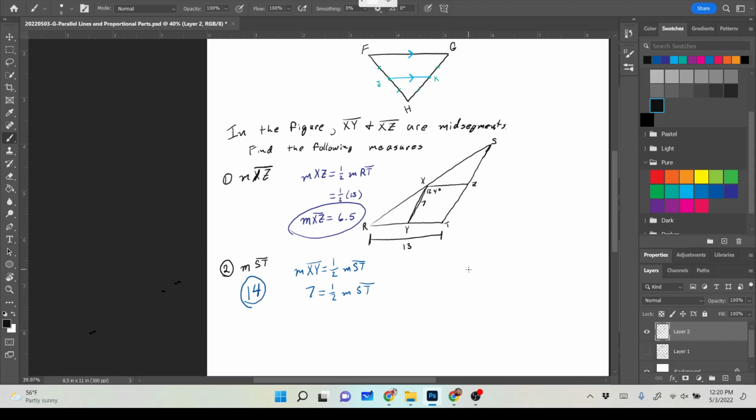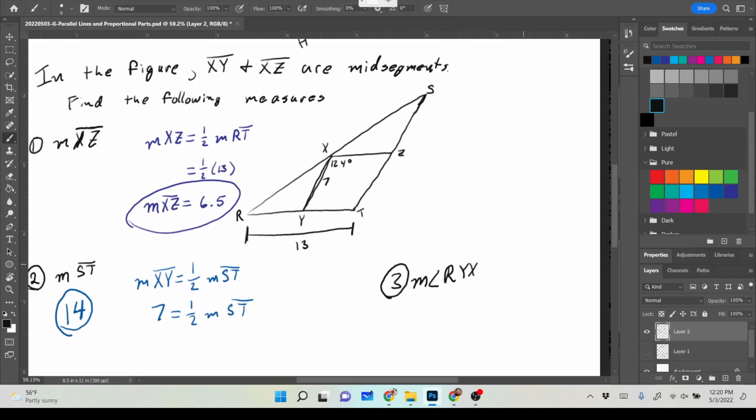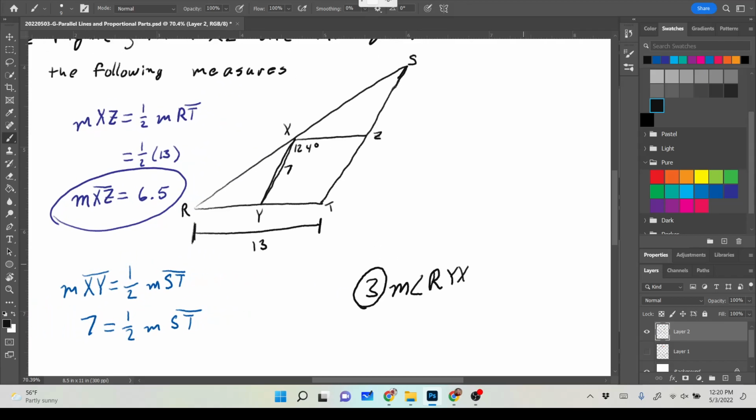And finally, number 3, we're going to find the measure of angle RYX. So where is that angle? Yeah, it is at the bottom. RYX, so this guy right here.